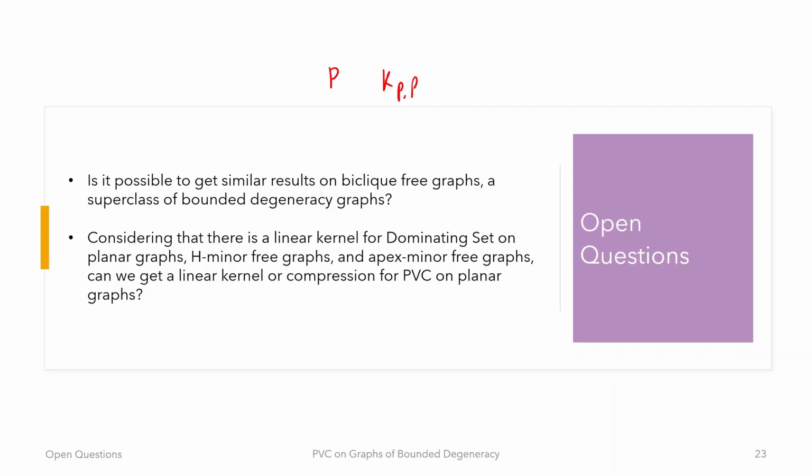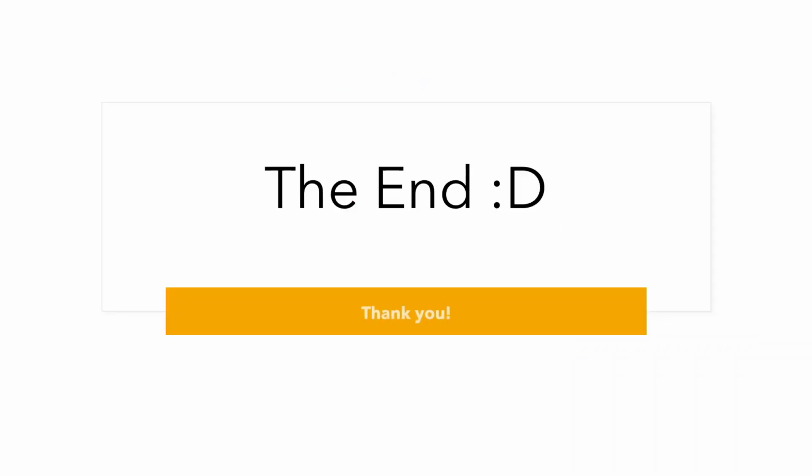And the second question is, we have a linear kernel for dominating set in some classes of graphs like planar graphs and H-minor-free graphs. Dominating set is kind of similar to PVC, and the question is, can we get a linear kernel or compression for PVC in planar graphs? Yeah, that's it. Thank you.